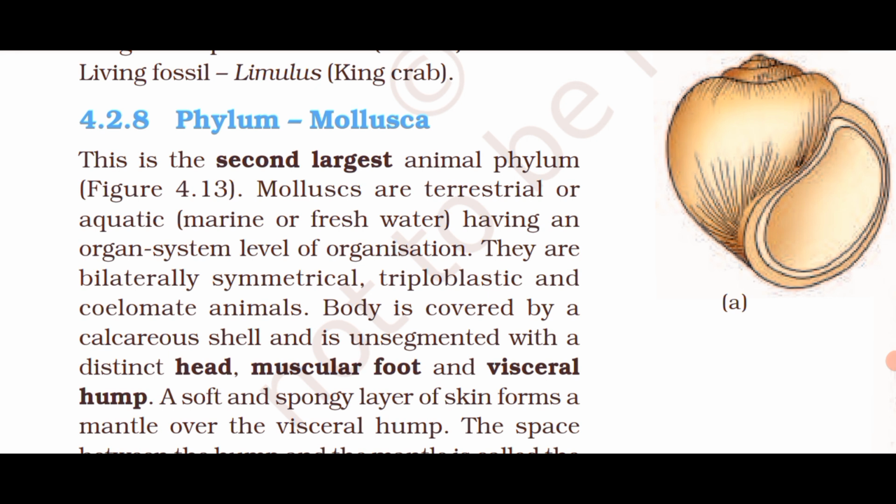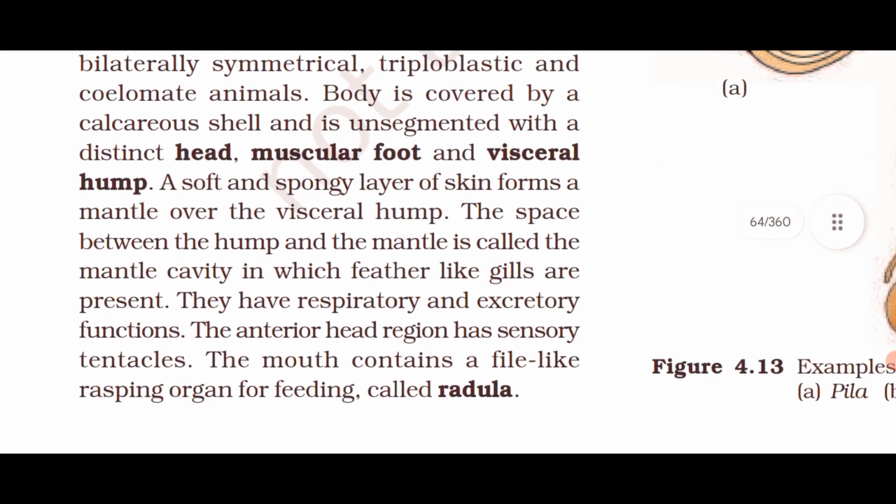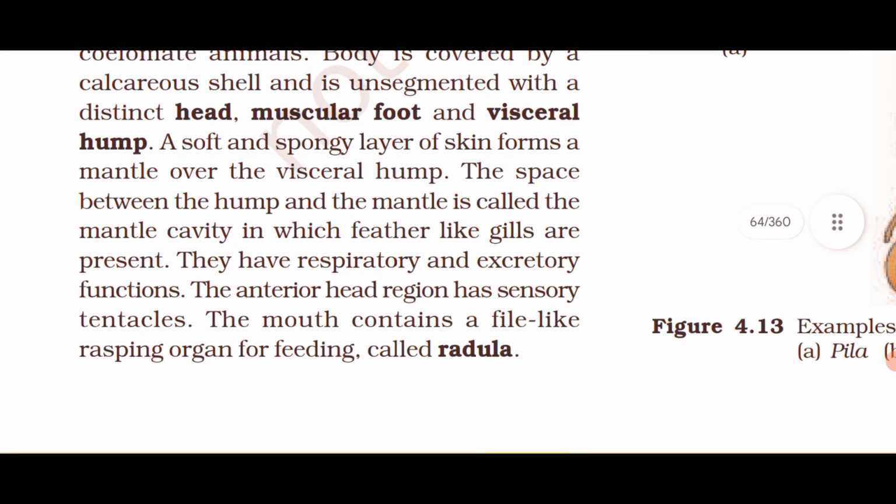Body is covered by a calcareous shell and is unsegmented with a distinct head, muscular foot, and a visceral hump. A soft and spongy layer of skin forms a mantle over the visceral hump. The space between the hump and the mantle is called the mantle cavity, in which feather-like gills are present.